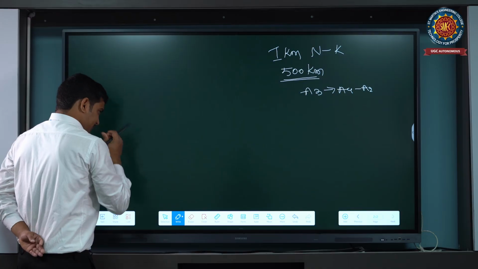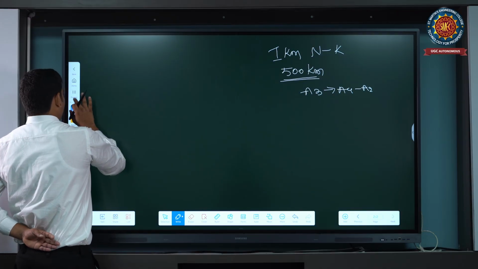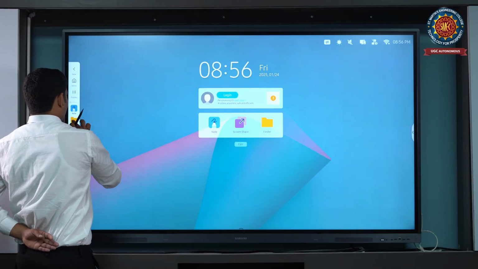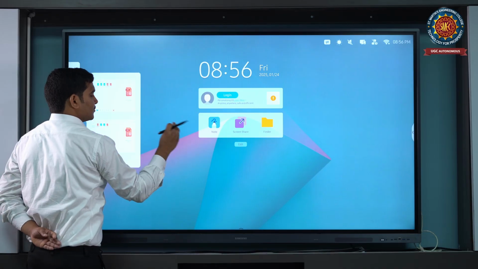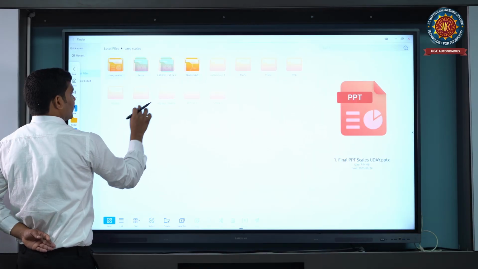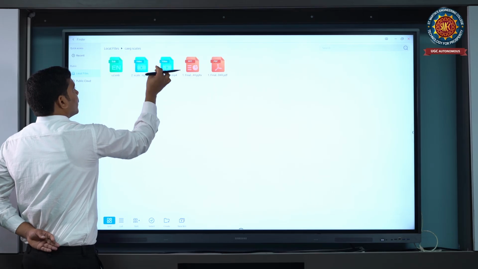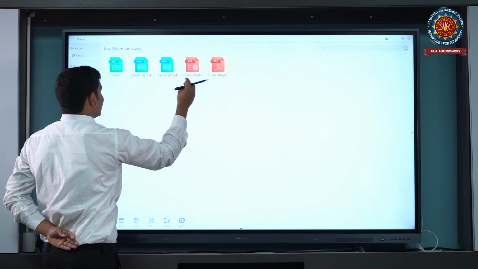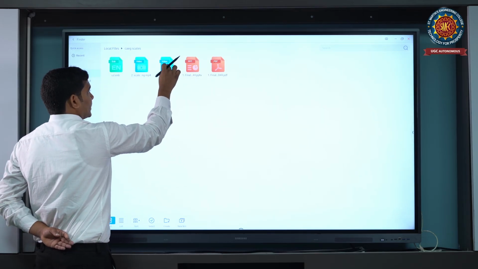For example, we are observing a small video. In this video, it is used to measure the dimensions of the object.